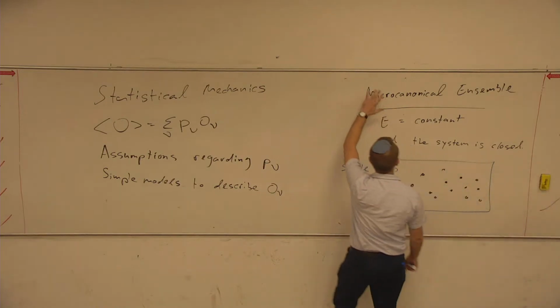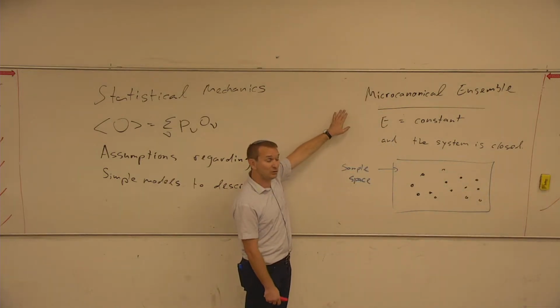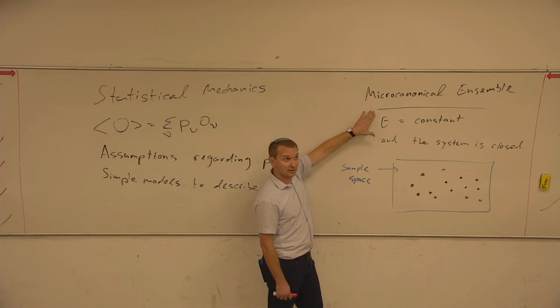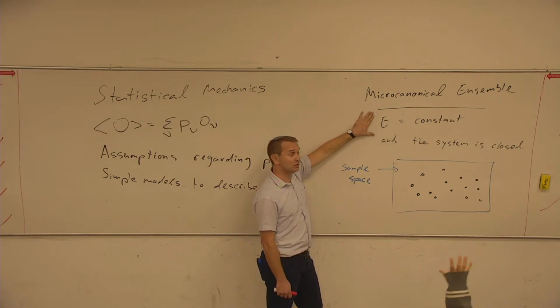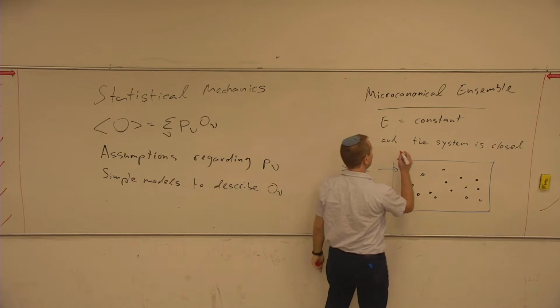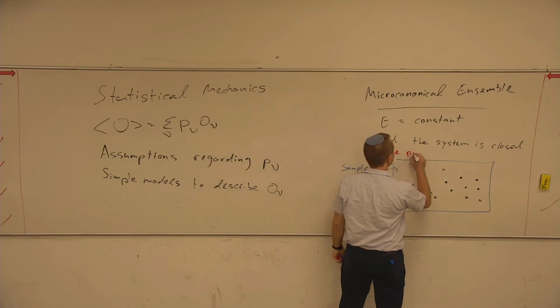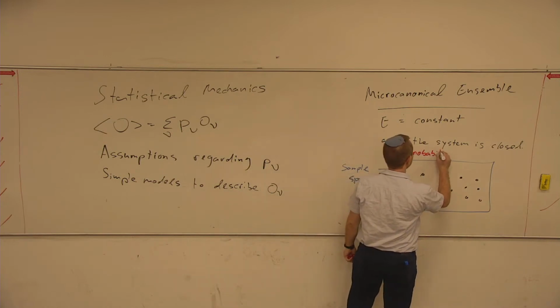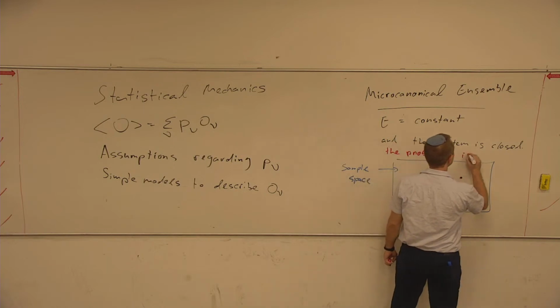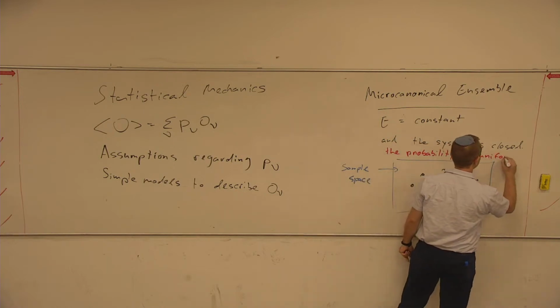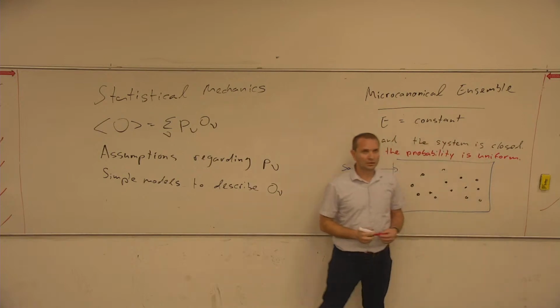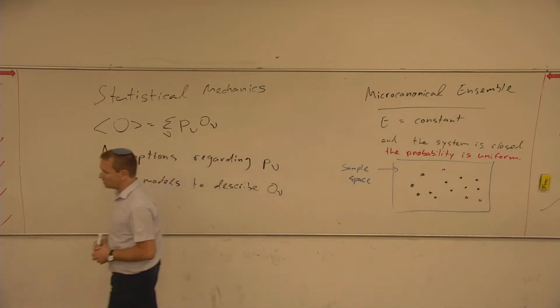We assume that we have different states in the system. We assume that each state has exactly the same energy, because it's constant, and we assume that the probability is uniform. This is our assumption.